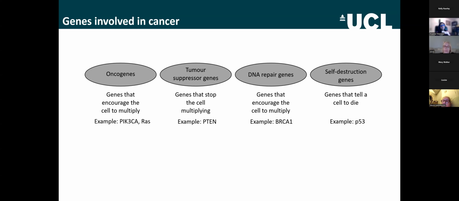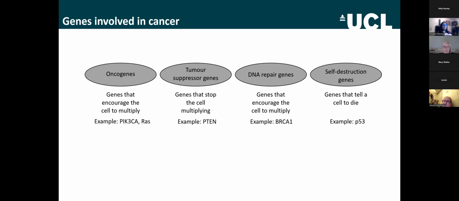What they do is, so I told you that you have errors in DNA replication, a mutation happening every now and then. That is because you have these DNA repair genes. Whenever there's an error, these genes play a role to rectify that. Now imagine you have fewer of these genes, you are more likely to have more errors.